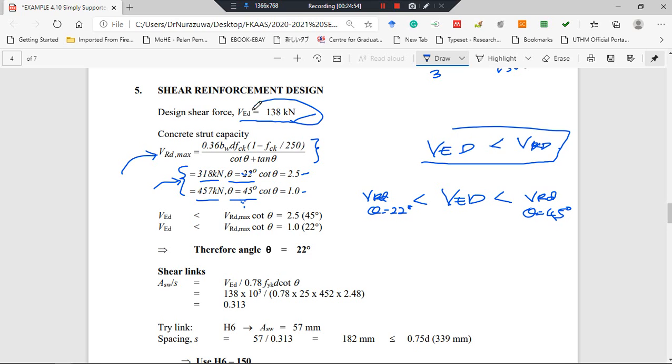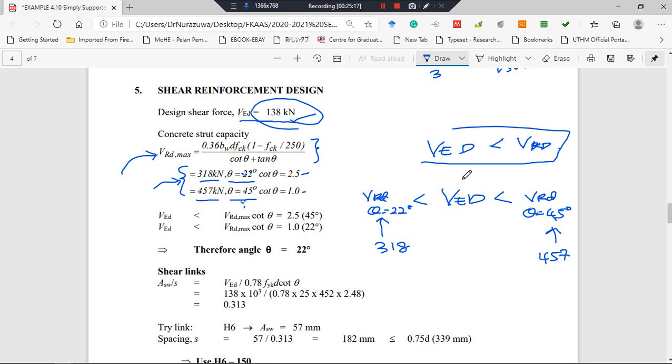Our VED is 138, which is less than the code here. The code here is 318 and the code here is 457. The shear resistance is using the code 25 here, and here is code 1.